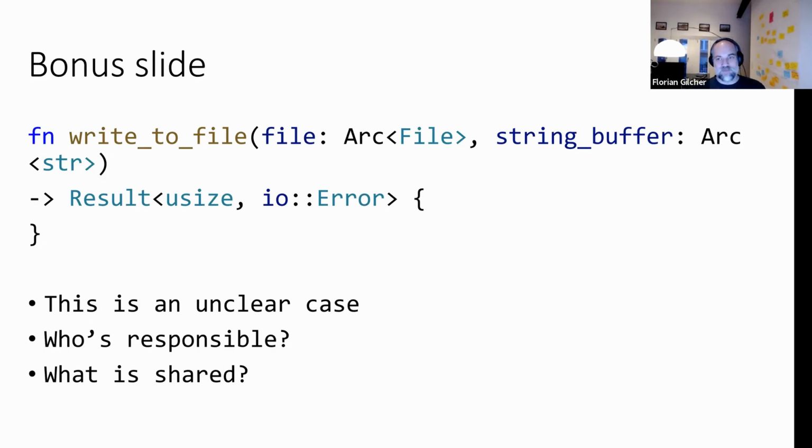There's a bonus slide here that if we talk about a structure like this, where we actually use shared data in an Arc, we end up in a situation where it is not easy to read from the signature what actually the interaction between those two components is. So also reading function signatures in Rust only gets you that far. At some point, you need to read what the actual components are doing.